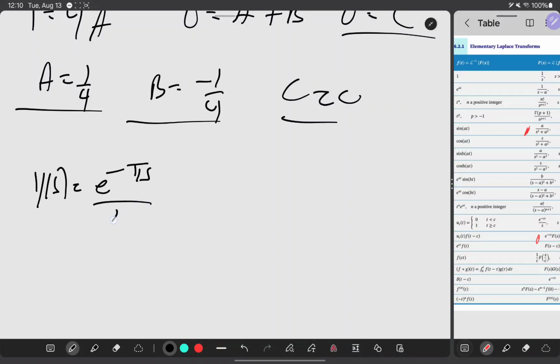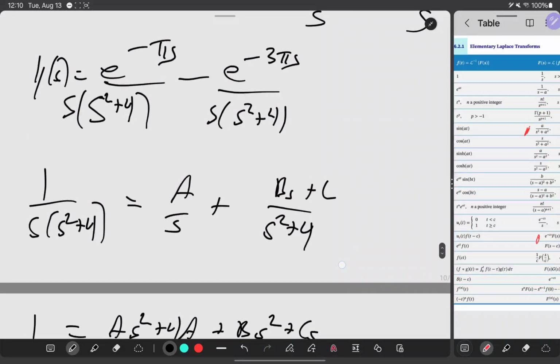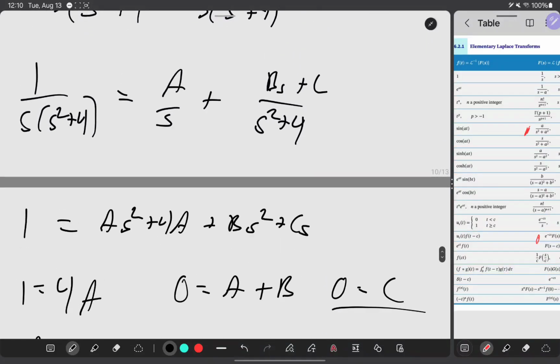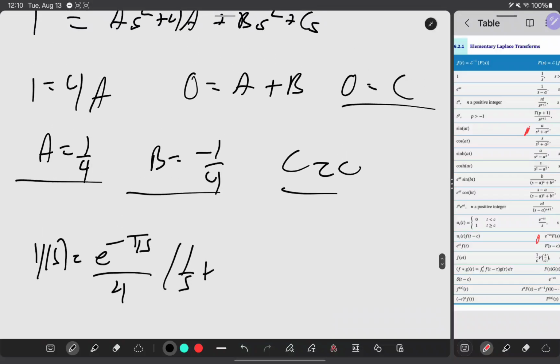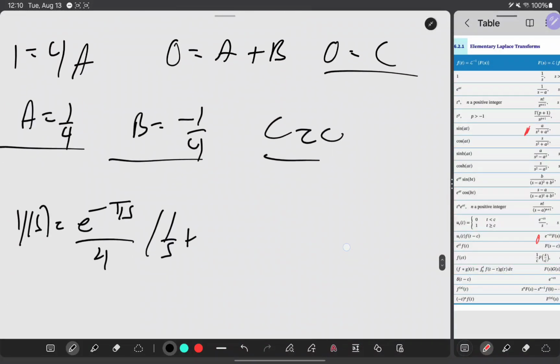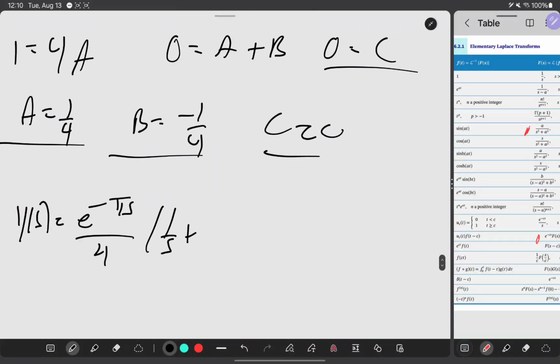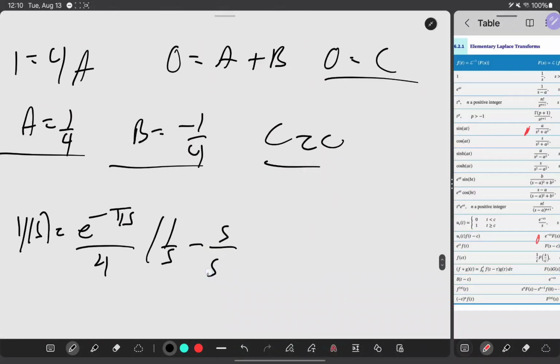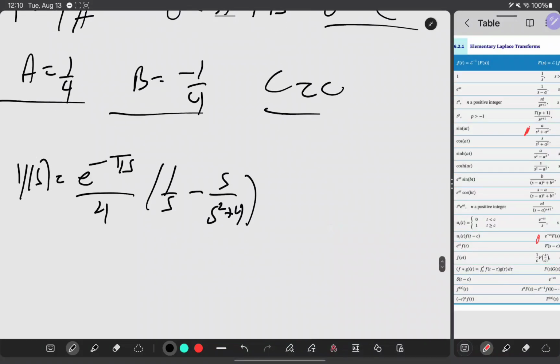No, let me do this, because I forgot we have that other term still. So plus b over... No, what's b? So that'd be minus s over s squared plus 4. We do the same thing for the other one.